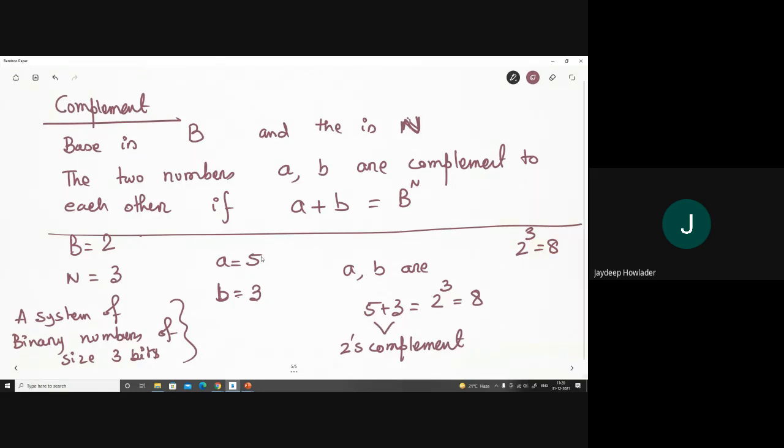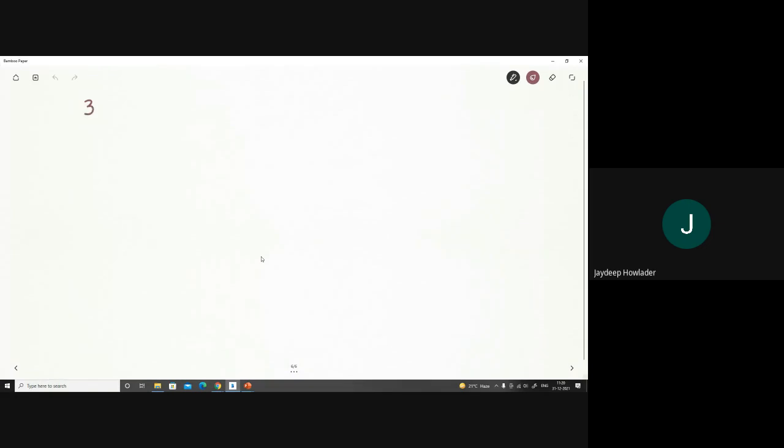Like in case of a 3-bit binary system, 1 and 7 are complements, then 2 and 6, then 3 and 5, and 4 is complement to itself. In all these cases we get 2 to the power 3, that means 8.